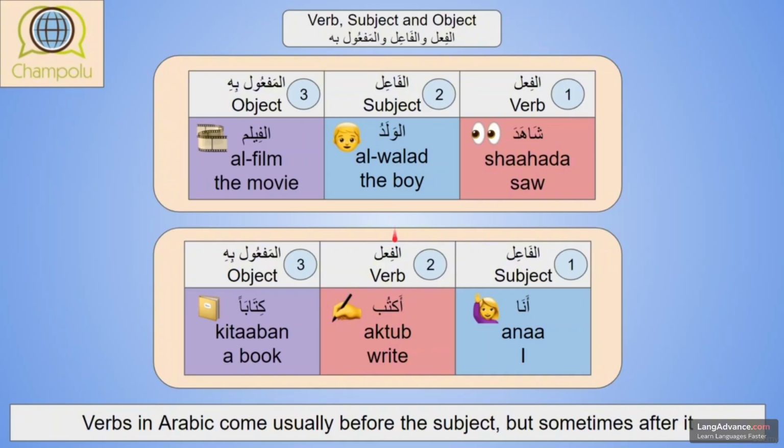And here we notice something in this word kitaban, that it has this tanween and fatha at the end, which indicates that it is an object. This is something that we usually see in objects that are indefinite nouns and indefinite adjectives. The indication that it is an object is having this an at the end, kitaban.